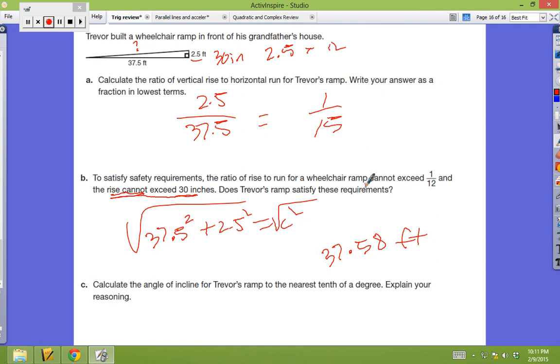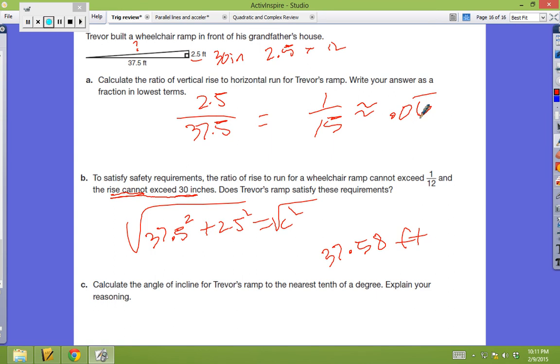But it cannot exceed a ratio of 1 to 12. And we are at a ratio of 1 to 15. So I think we're safe. Because 1 to 15, if you change that to a decimal, that's 0.06 forever.